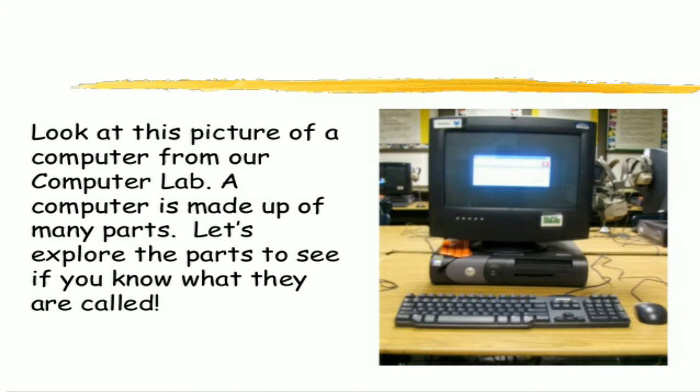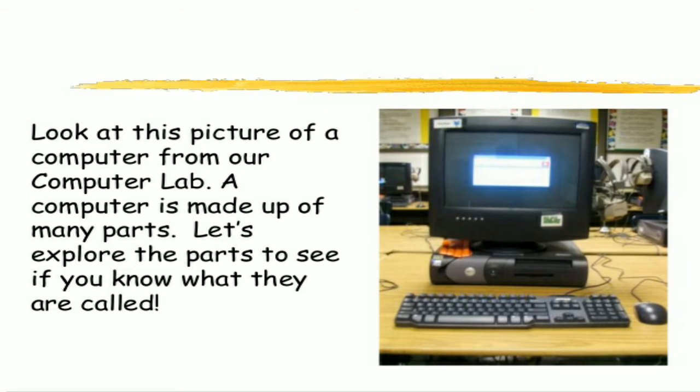We find these types of objects in our computer lab, and a computer is made up of many parts. Let's explore the parts to see if you know what they are called.